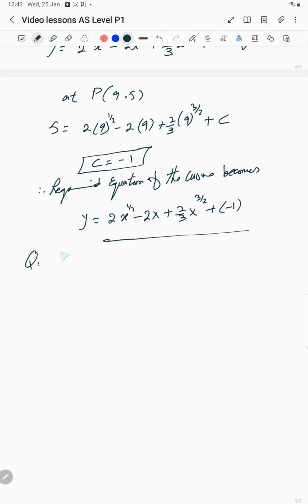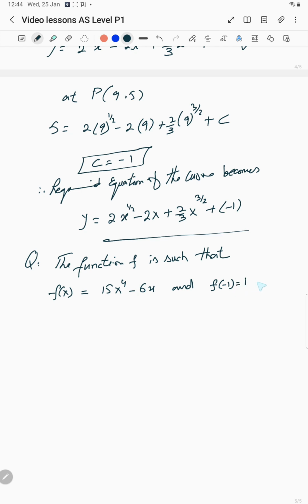The question can be asked in a way that the function f is such that f prime of x is 15x^4 minus 6x and f of minus 1 is equal to 1. Then find f of x.